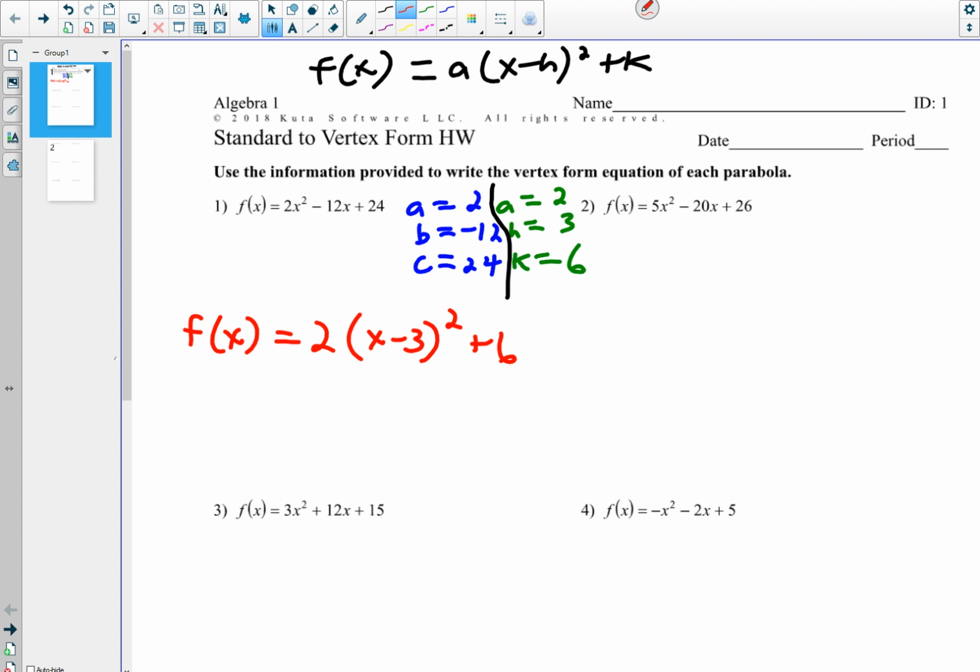Jason? Everybody should know that, especially now that we're in vertex form. Where can you locate the vertex? B money? Yeah, and where'd you get that 3 and 6 from? Vertex, h comma k. 3, 6.